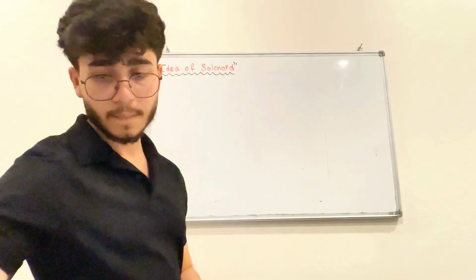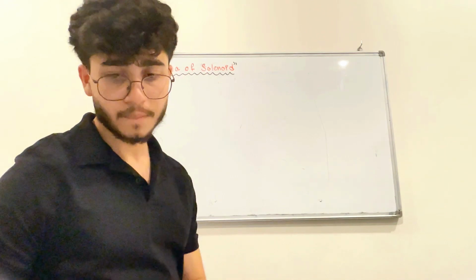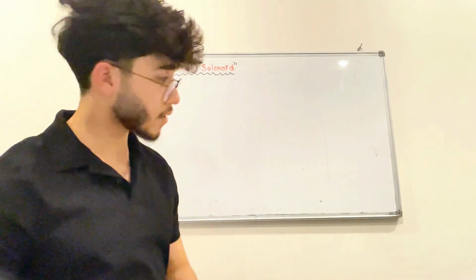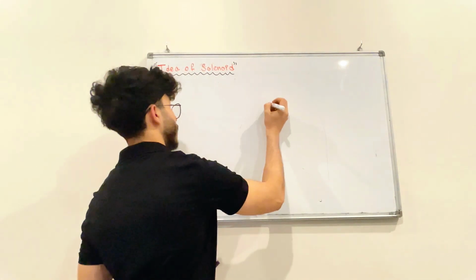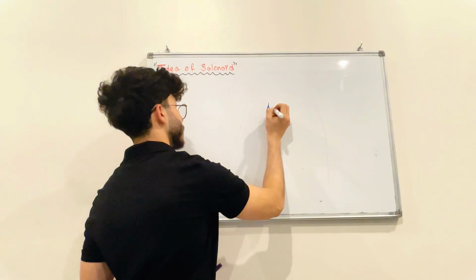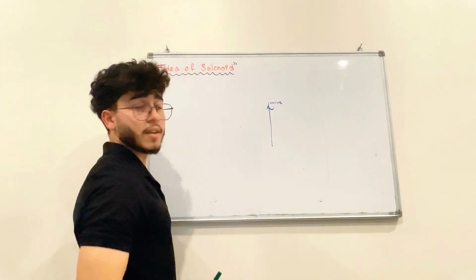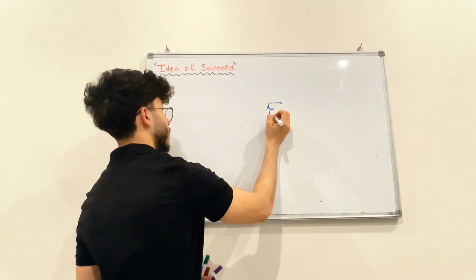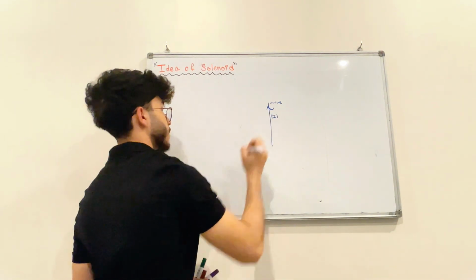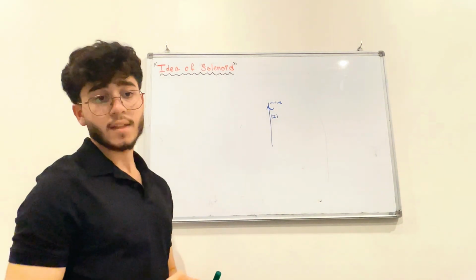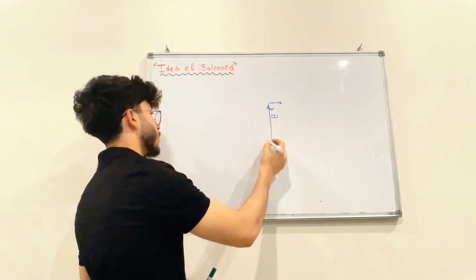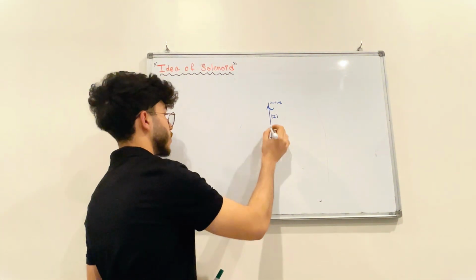This means that, let me take some nice colors over here. If I have a wire over here, let's say this is a wire, and this wire is carrying current. Now, we said that yes, the magnetic field around can be clockwise or anti-clockwise.